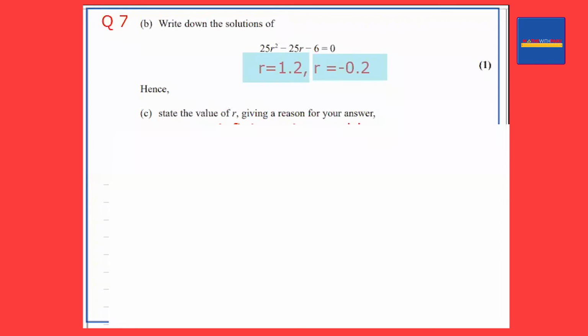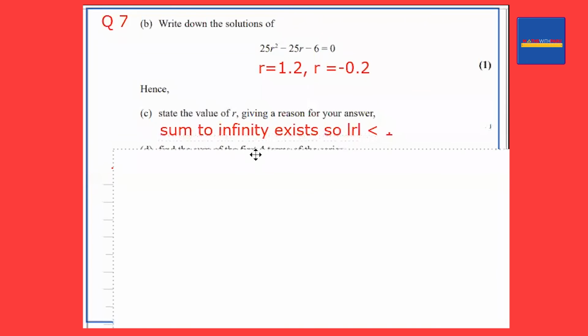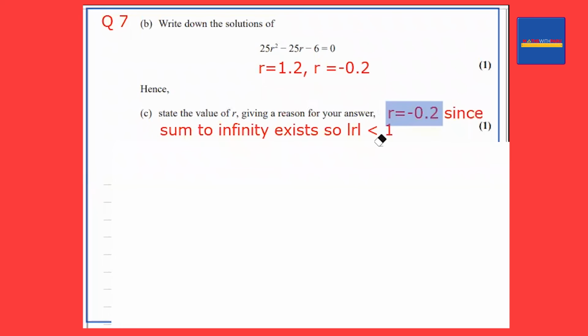So now it's going to be easy for us to make the decision about which r we should consider. Since the sum to infinity exists, that means the absolute value of r has to be less than 1. Therefore, we have only one solution, which is r is equal to minus 0.2. So that answers our part B and part C.